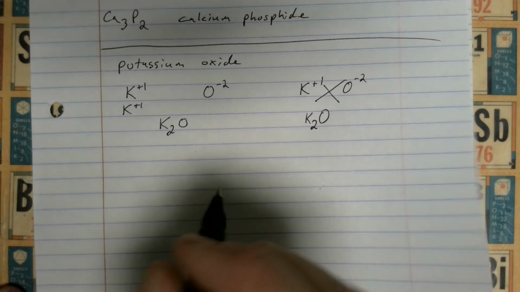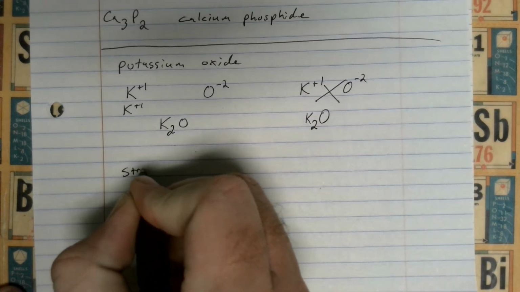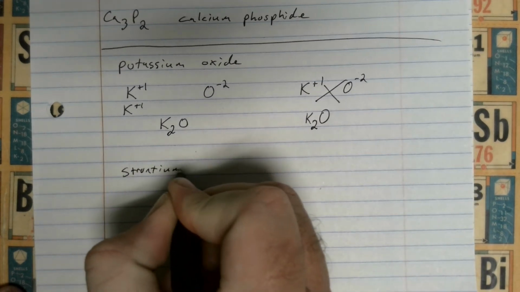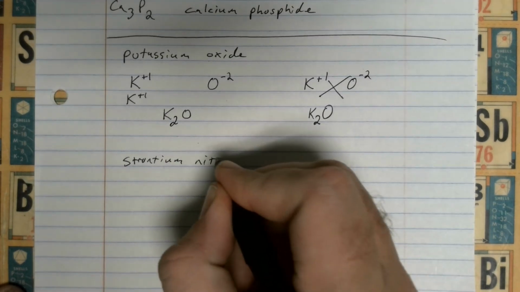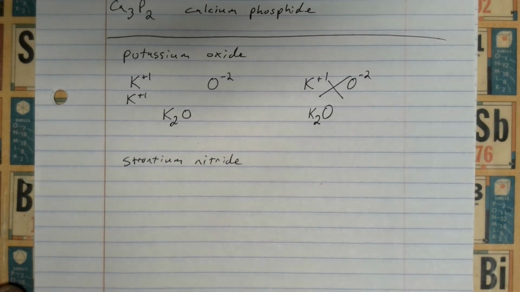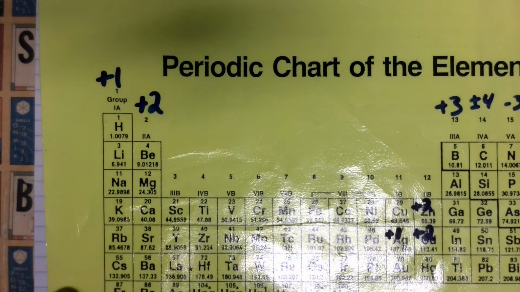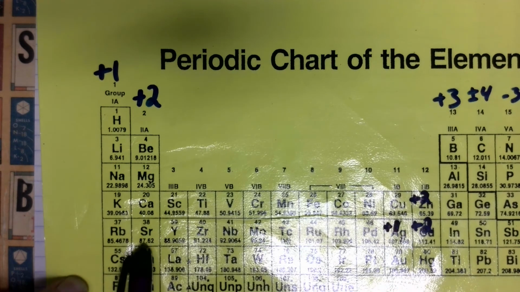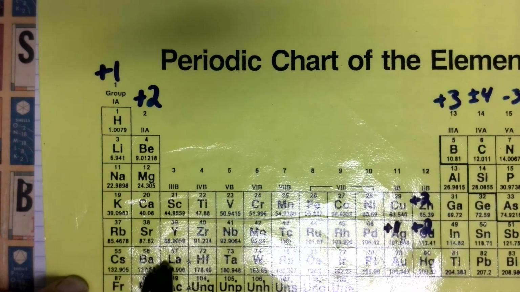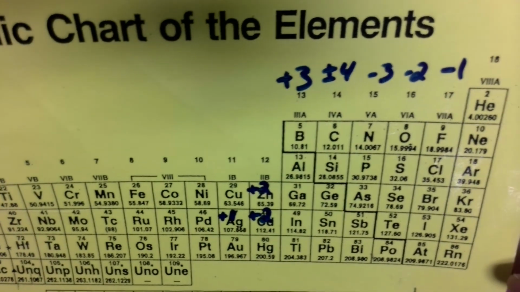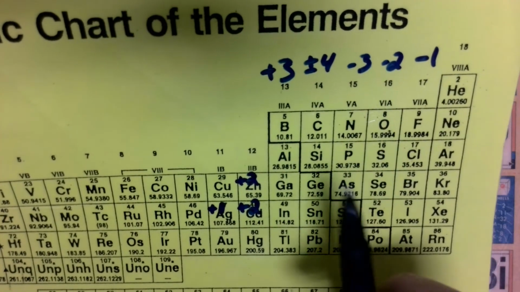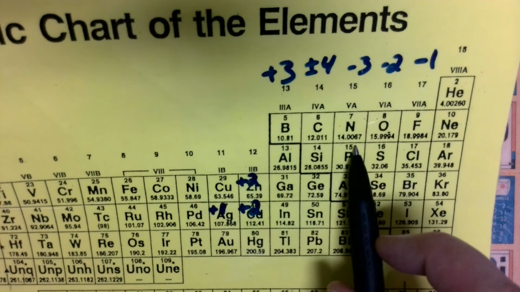Let's try strontium nitride. I know that strontium is right here in group 2, so it's going to have a plus 2 charge. And I know that nitrogen is right here in group 15, so it's going to have a minus 3 charge.